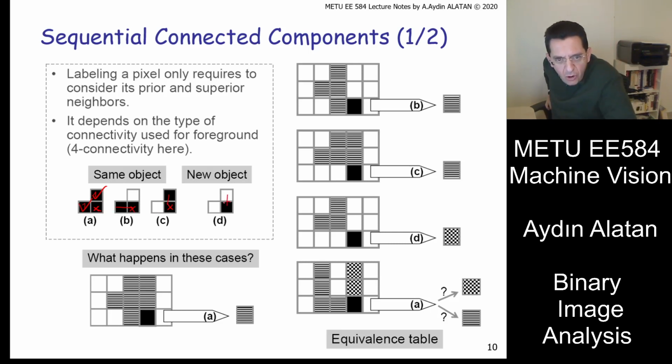If your two causal neighbors on the north and the west are not foreground, then this will be a new object. Okay, but there are cases when there could be some ambiguity. For example, in such a case, I am the question mark, both of them are from the same object, and therefore that's also from the same object.